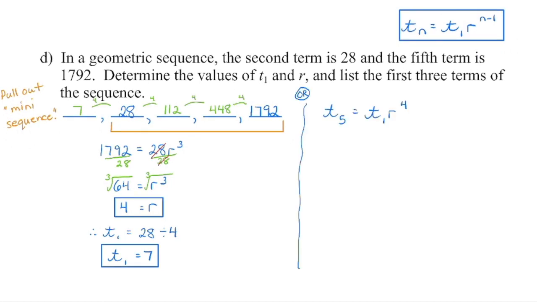We encountered a similar question like this when dealing with arithmetic sequences, and the other way we can solve an arithmetic sequence was with a system. If we're dealing with geometric sequences, I'll just show you what happens here. We know that the 5th term is 1792, and I get to that by taking the first term and multiplying by 4 common ratios.